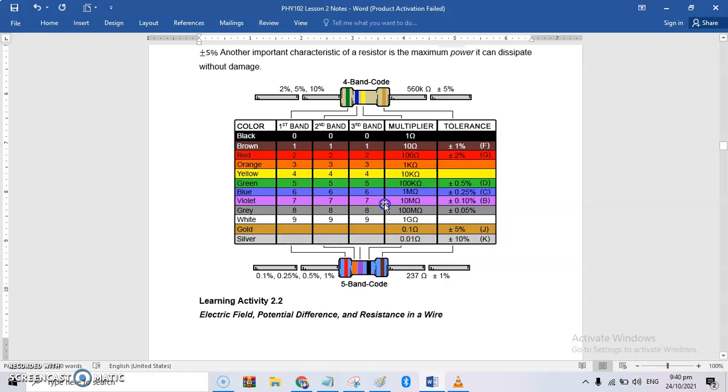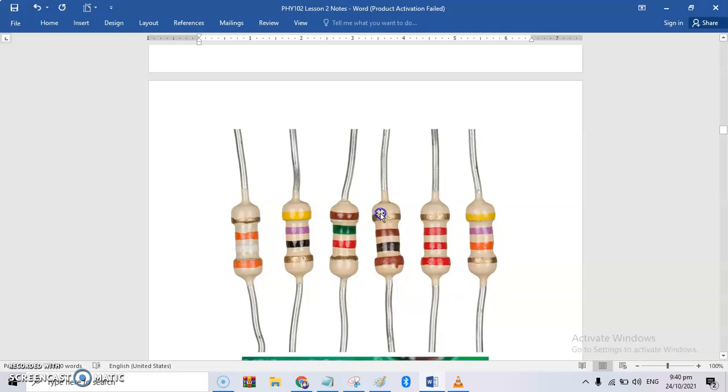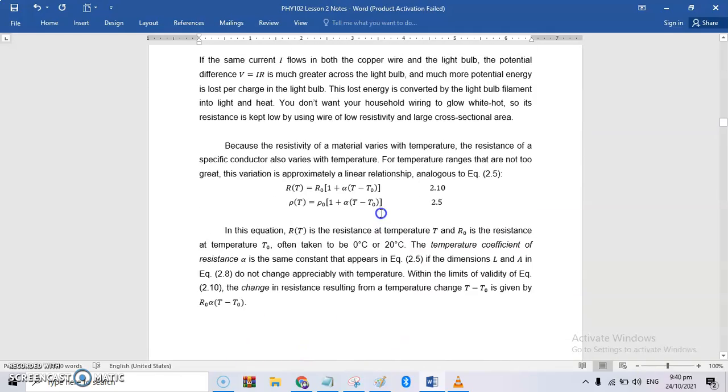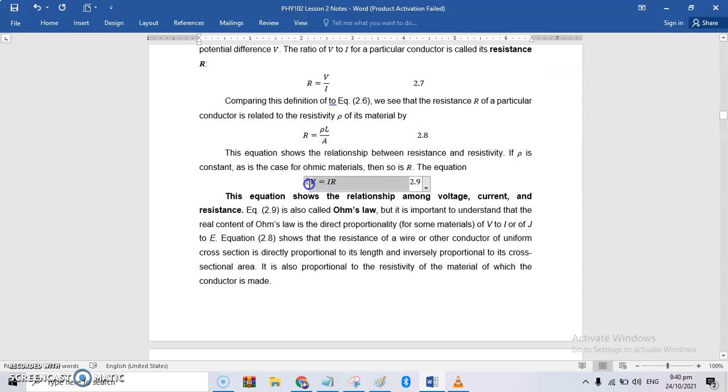Question. Anong use ng ating resistors? Okay? Ginagamit siya para, di ba, yung sa equation of VIR, voltage is equals to current times the resistance. Ginagamit siya para ma-neutralize si current na meron tayo and si voltage.